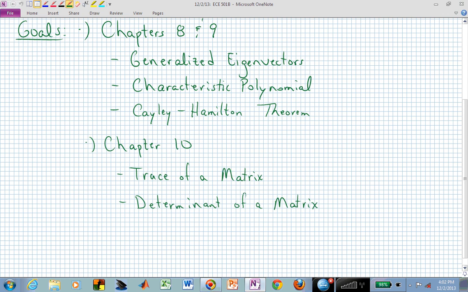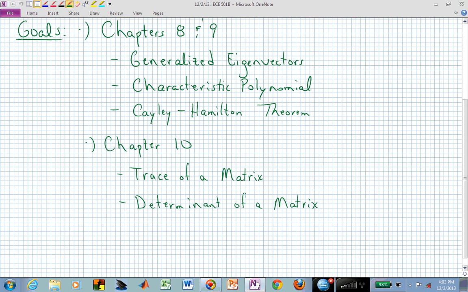We'll introduce a characteristic polynomial that's related to the multiplicity of the eigenvalues, and the Cayley-Hamilton theorem, which really just says that the matrix satisfies its own characteristic polynomial. So we can generate a characteristic polynomial associated with an operator, and we'll be looking mostly at matrices. And if we evaluate that polynomial with the matrix, then that matrix will satisfy its own characteristic polynomial.